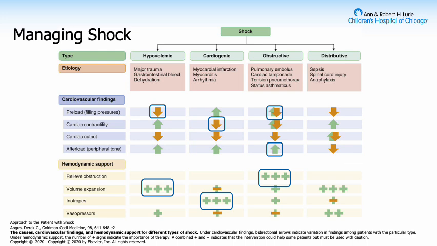For obstructive shock, really relieving the source of obstruction, for example, with tamponade, with pneumothorax, just relieving the underlying cause as soon as possible. And for distributive shock, like sepsis, where there's both a preload and an afterload problem, rapid volume expansion, pressor use, and of course, treating the underlying cause with antibiotics, for example.